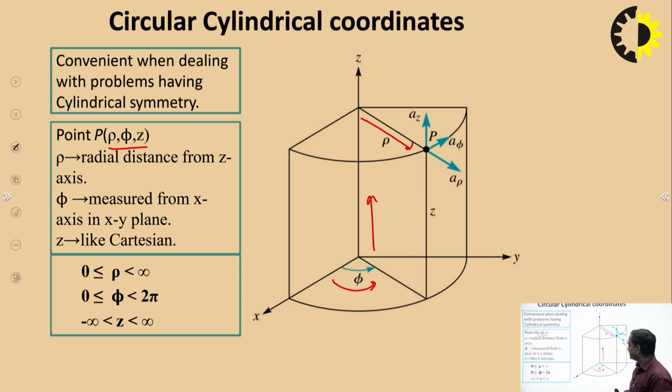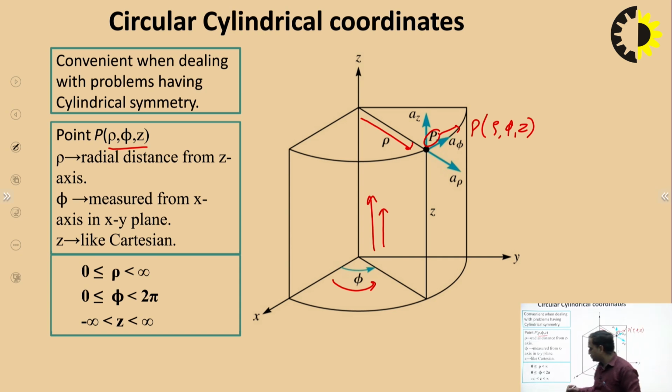These represent the point P, which will be (rho, phi, z). Rho is the radius, phi is the horizontal angle from the x-axis, or from the xz plane, and z is along the z-axis.